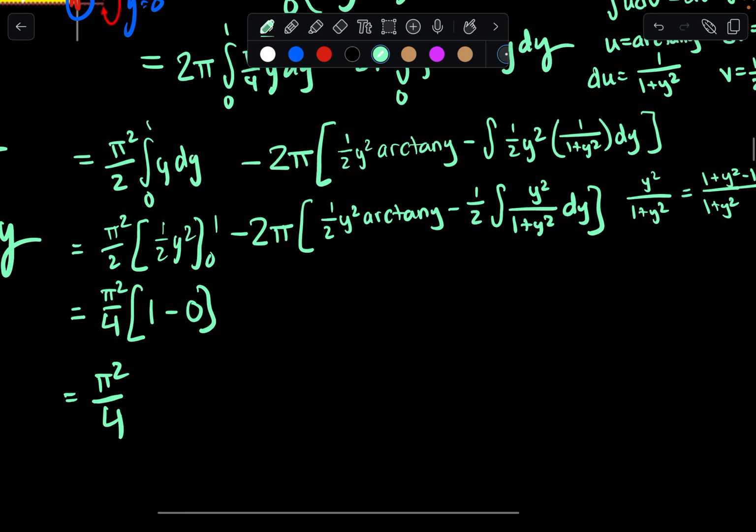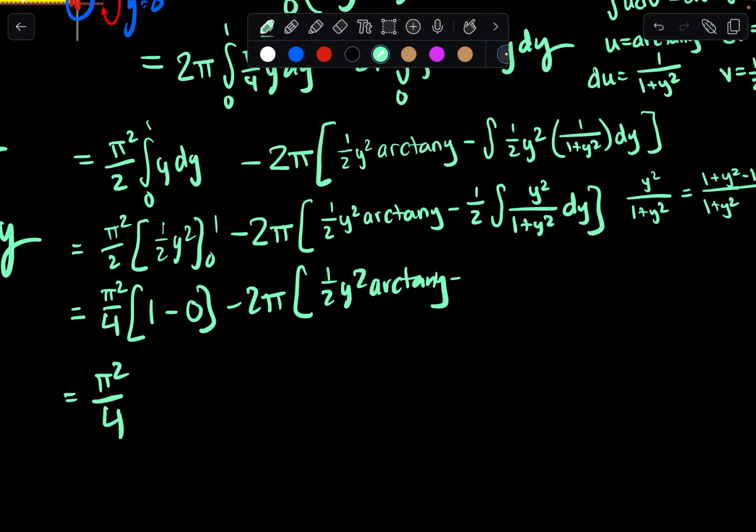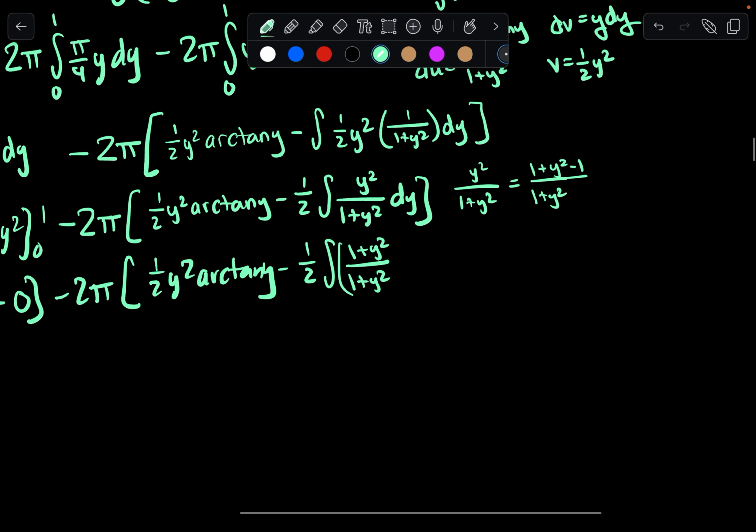So if I go ahead and put this in, we have minus 2 pi, 1/2 y squared arctan y minus 1/2. We will have the integration of 1 plus y squared over 1 plus y squared. Now I'm going to separate the numerator.